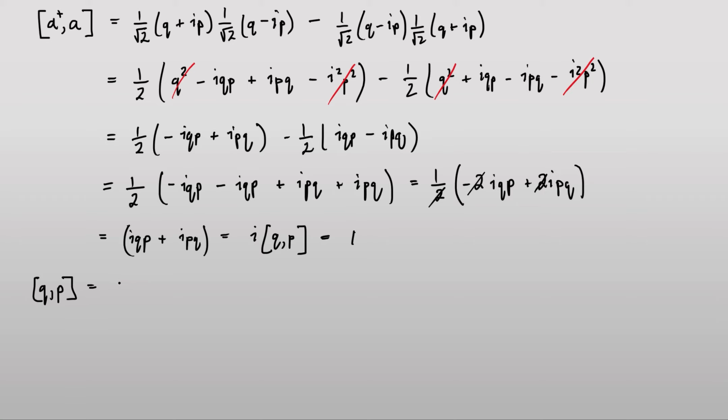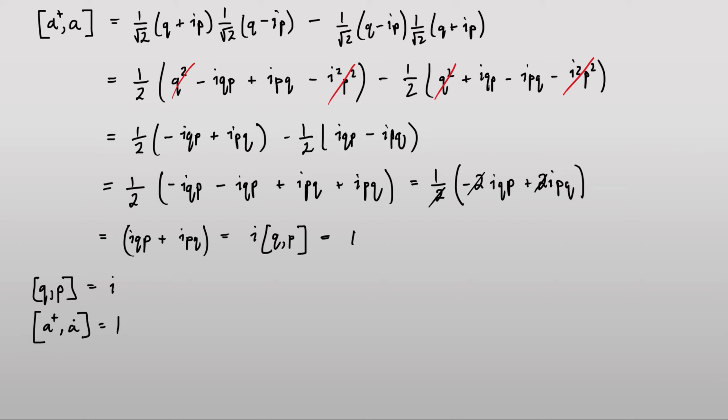And our A daggers and our A's, their algebra looks like this, right? So we have this sort of complex algebra going on here, and we have a real algebra right here.